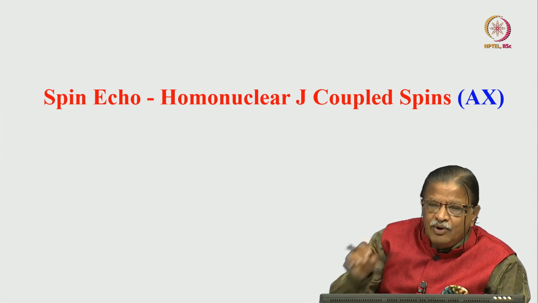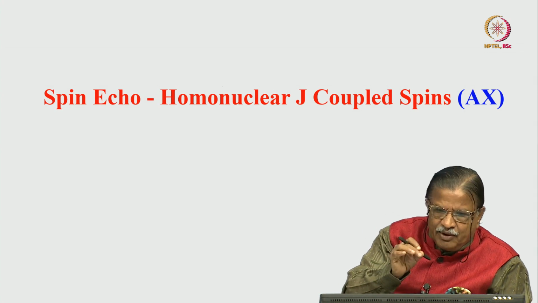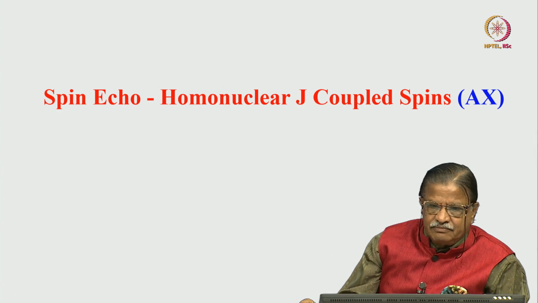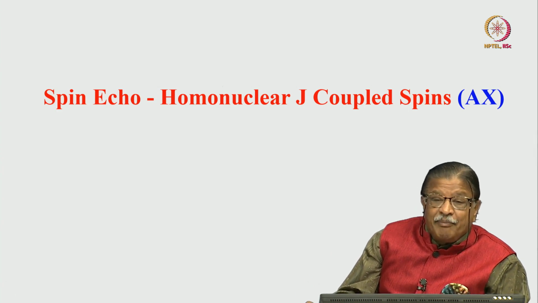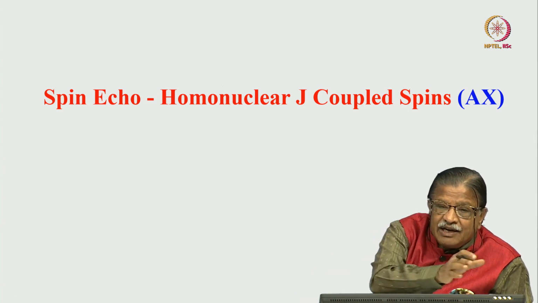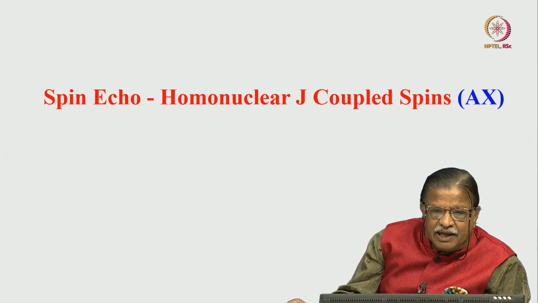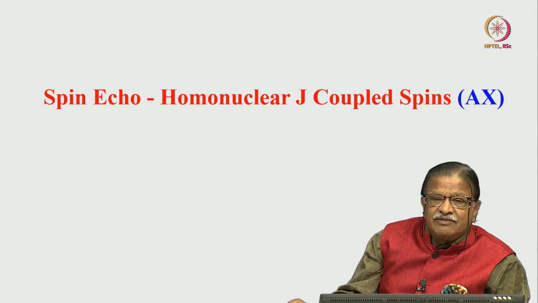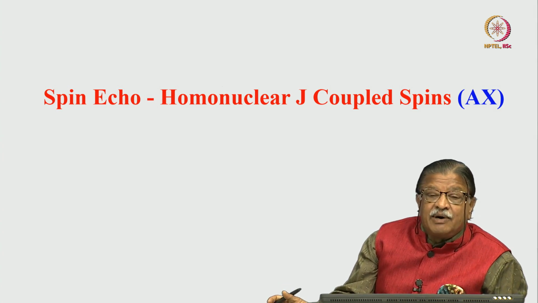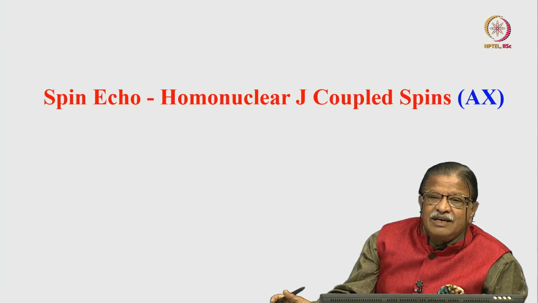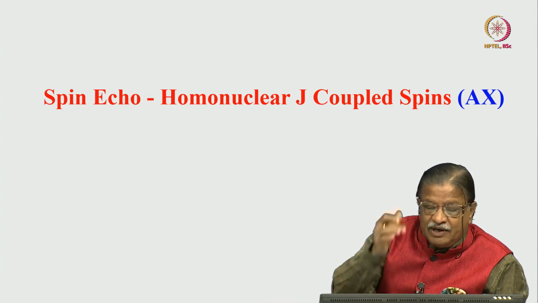So, the homonuclear spin echo will refocus only chemical shifts. Although there are different chemical shift offsets, when you apply this spin echo, it appears as if there is no difference in chemical shift among the spins. This is what is called chemical shift refocusing, which the homonuclear spin echo does.